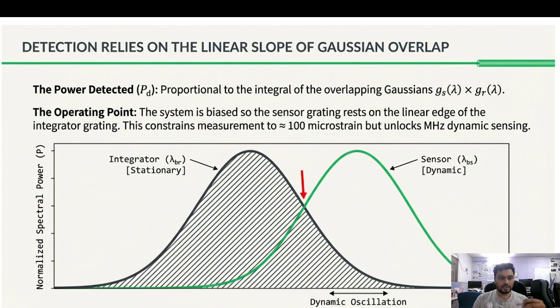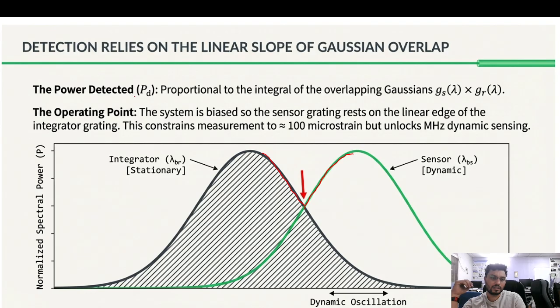Now moving towards the next thing: detection relies on the linear slope of Gaussian overlap. If you have two Gaussian bands and want to detect or resolve them separately, this is the midpoint you need to use to distinguish them.